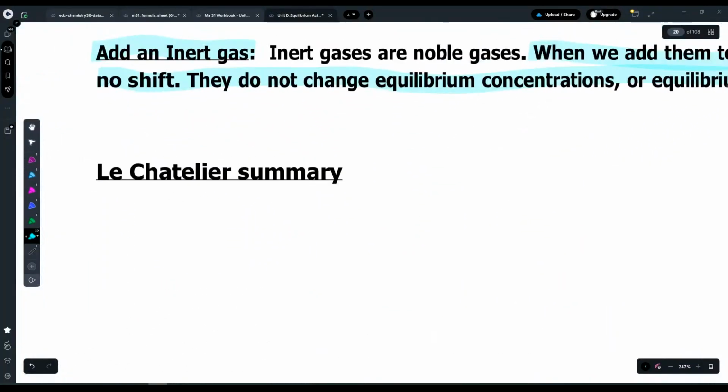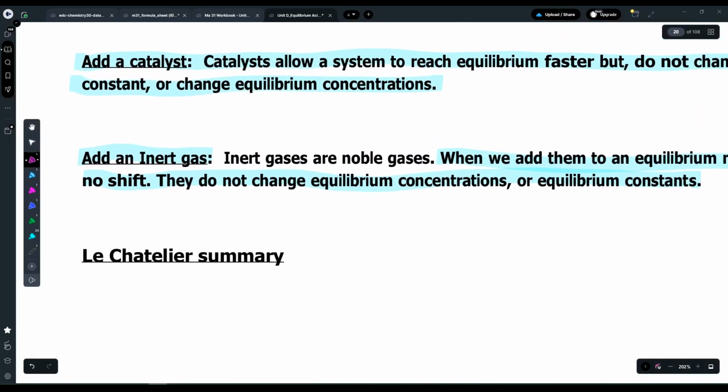So as a summary here, let's talk about our stresses that we've gone over. Actually, before we do that, let's talk about inert gases and where you can find them, just so that if you see it in a question, you know what they're talking about here.